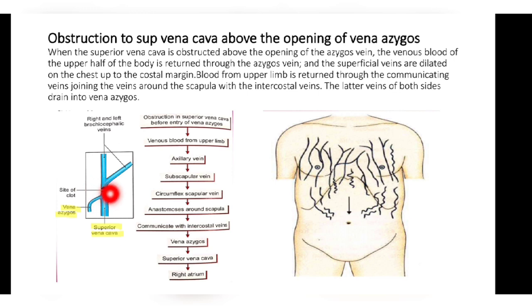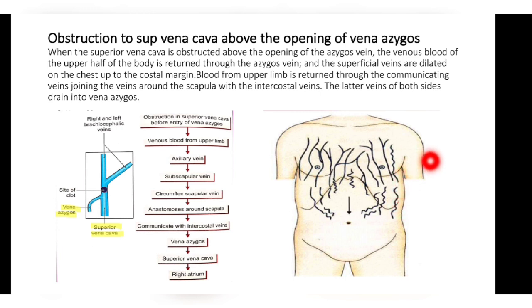So when the superior vena cava is obstructed above the opening of azygos vein, the venous blood of the upper half of the body is returned through the azygos vein, and the superficial veins are dilated on the chest up to the costal margin.